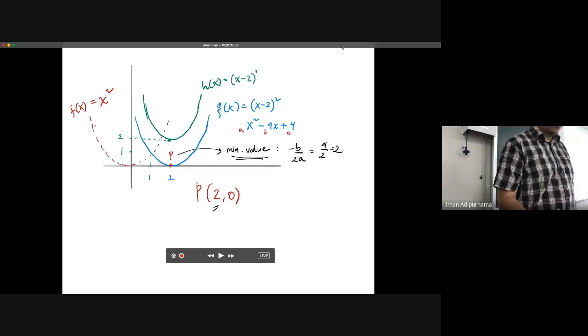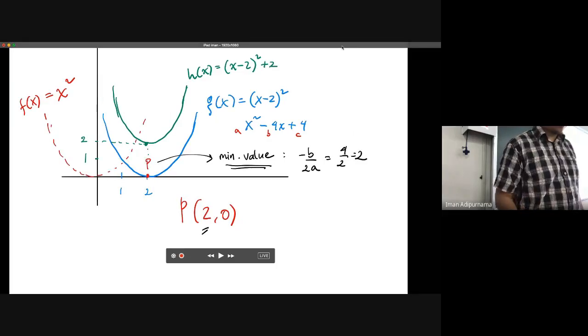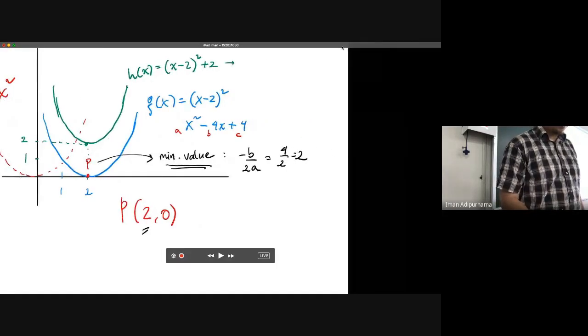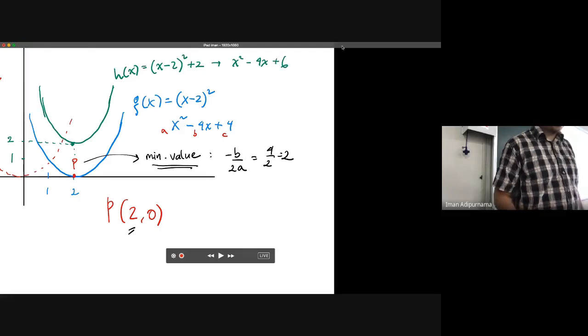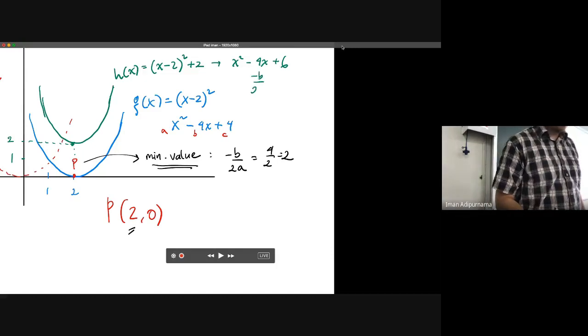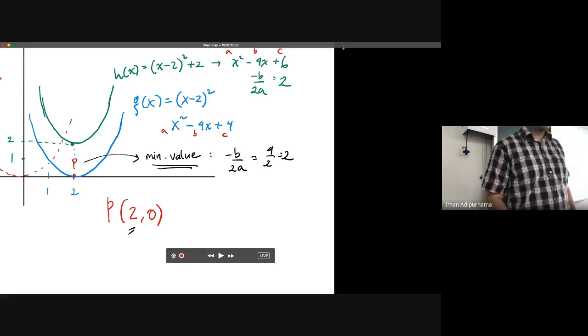It is (x minus 2) squared, plus 2. Then your expansion will be x squared minus 4x, the same, just plus 2, so plus 6. The minimum value is still the same. This is 2, because our b is minus 4.